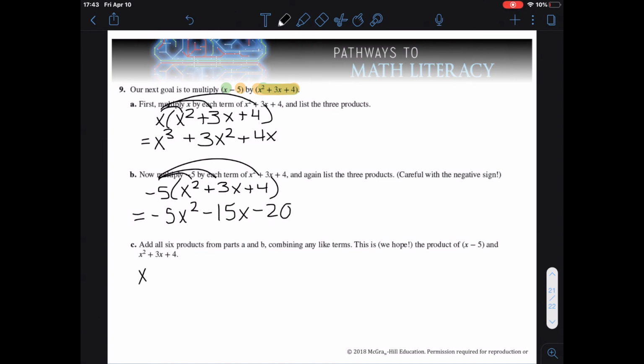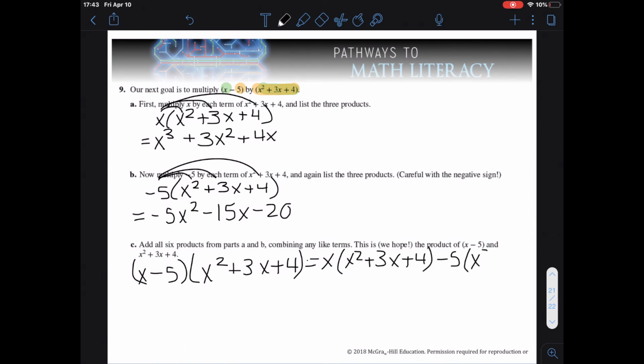So adding these two together, when you take x minus 5 and times it by x squared plus 3x plus 4, the x gets distributed to each of these. So does the minus 5. So what you end up with is x times x squared plus 3x plus 4 minus 5 times exactly this same thing.